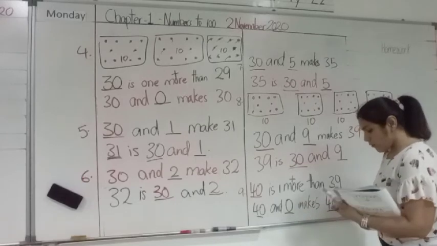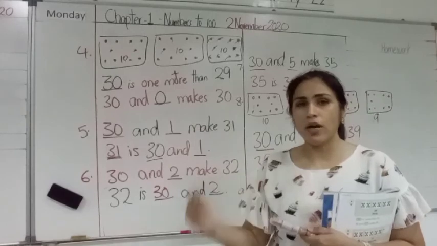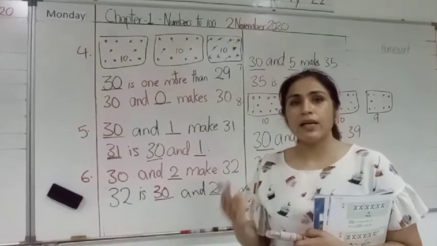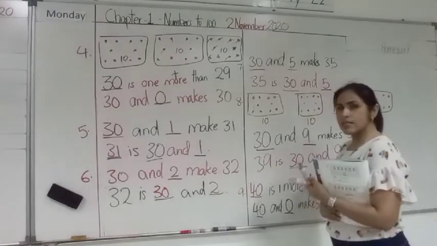As you have 40 sweets, you keep them safe, you do not share, you do not eat, what will happen? It will still remain 40. Correct. So 40 plus 0 is 40.